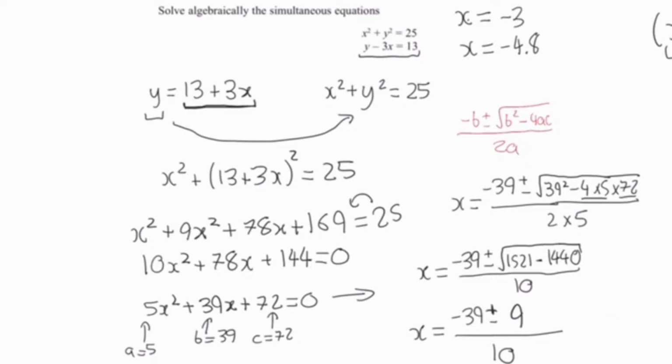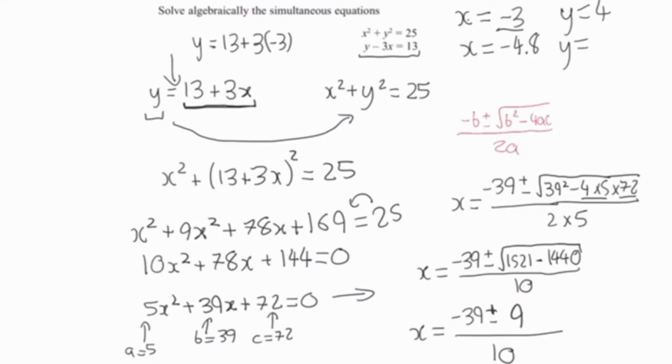Now that we've done that, we just need to find our corresponding y values. So once we found the x values, we just find the y values that match those. For x equals minus 3, we can just use this equation to find it. So we have y equals 13 plus 3 lots of minus 3, and that will give us y equal to 4.